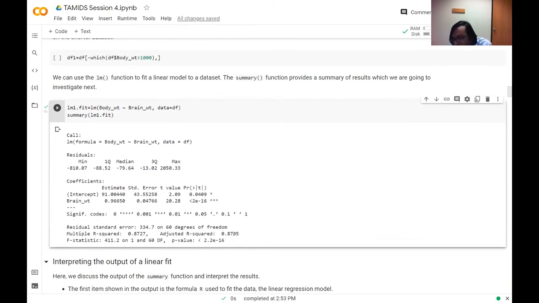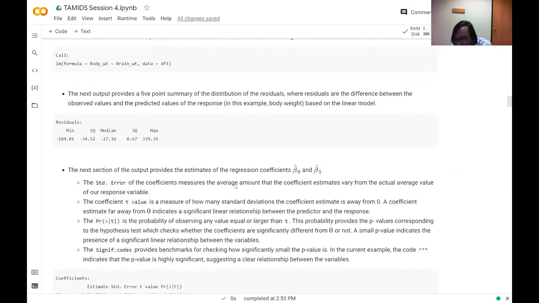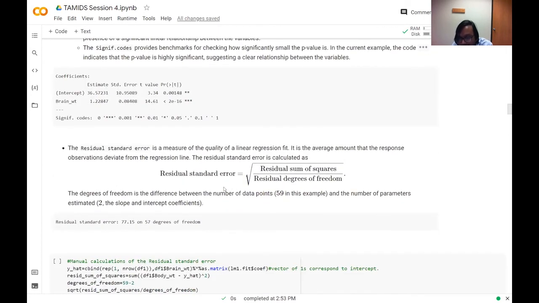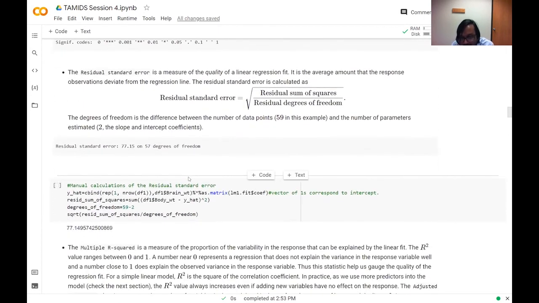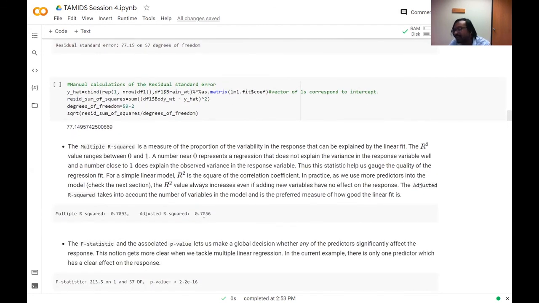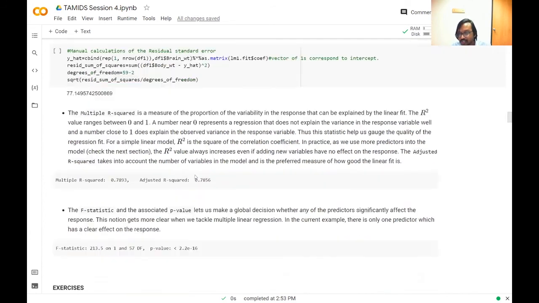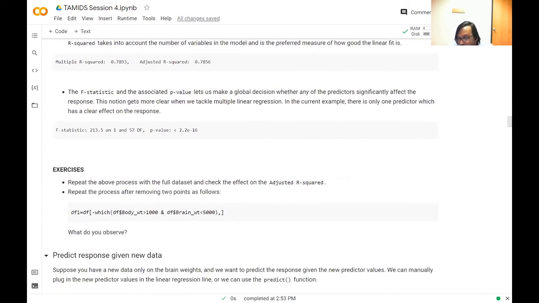It's 87.05. So earlier, if we compare, we had an adjusted R squared of 78.56%. So as you use more information, more data points, the adjusted R squared actually improves further. It will be interesting for you guys to check out what happens if you remove only these 2 points. Interestingly, you are going to observe that the adjusted R squared improves even further.